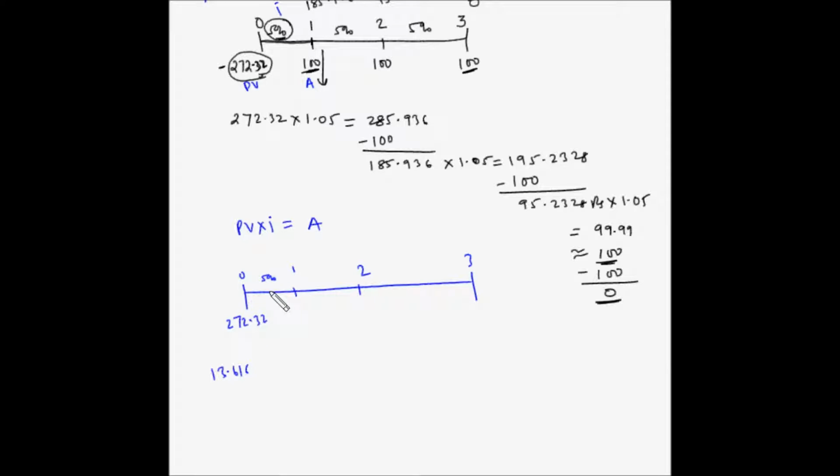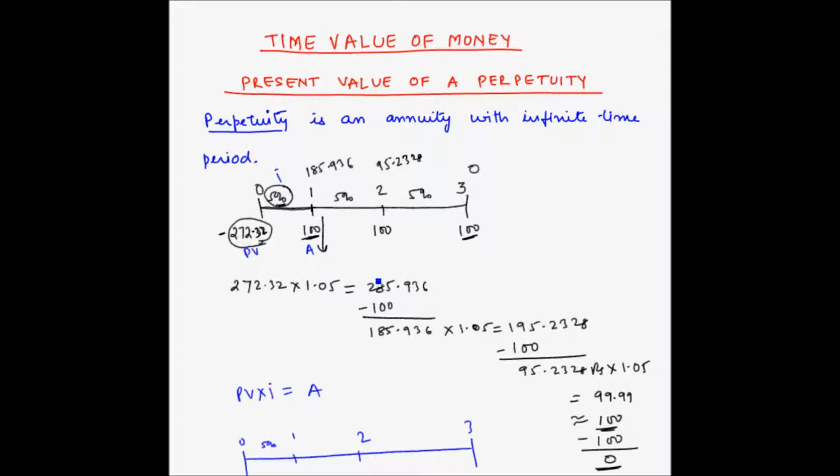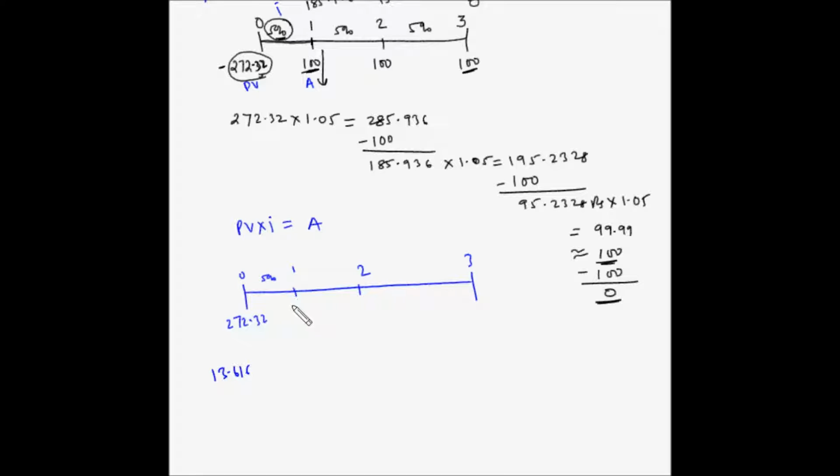So at the end of the first year, the bank has 272.32 plus 13.616 rupees for us, which is nothing but 285.936. So at the end of first year, the payout should not be more than 13.616. So at the end of first year, again, the bank has 272.32.